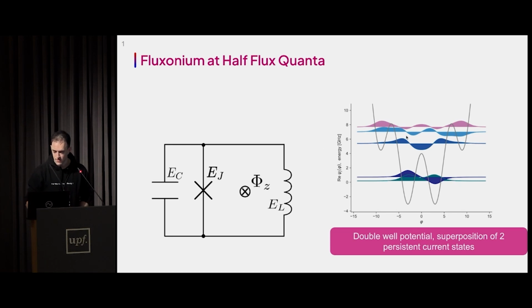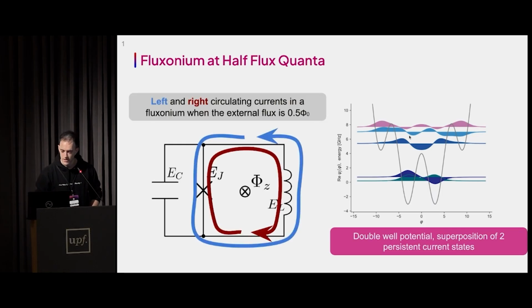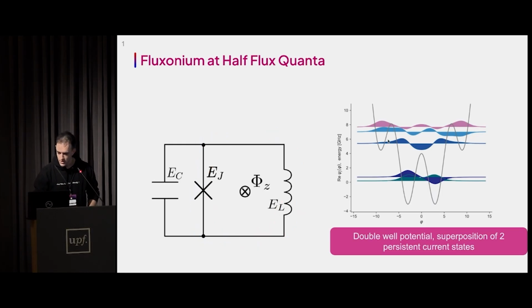Also notice that the other energy levels are very high up. This means that you have a highly anharmonic system. We say it's anharmonic because we compare the separation of the energy levels with a harmonic oscillator, which would be equally spaced, which here it isn't.